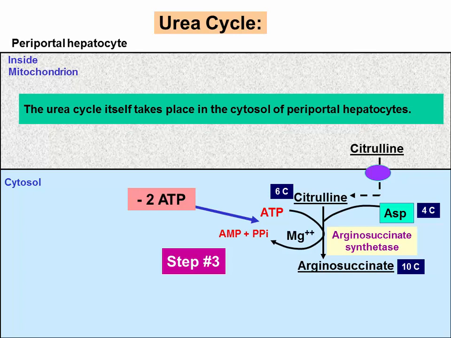The thing about this step is it is the rate limiting step of the urea cycle. It's the rate limiting step in the cycle. And it's where the cycle starts, if you have a beginning and an end to a cycle, right? We'll call it the beginning. It's the rate limiting step.